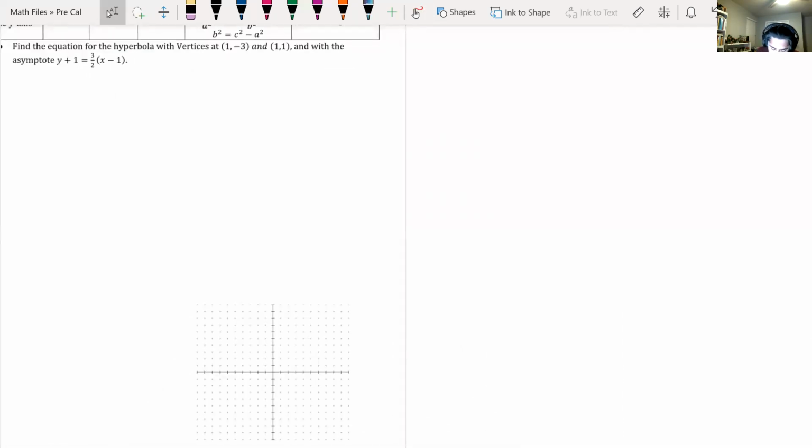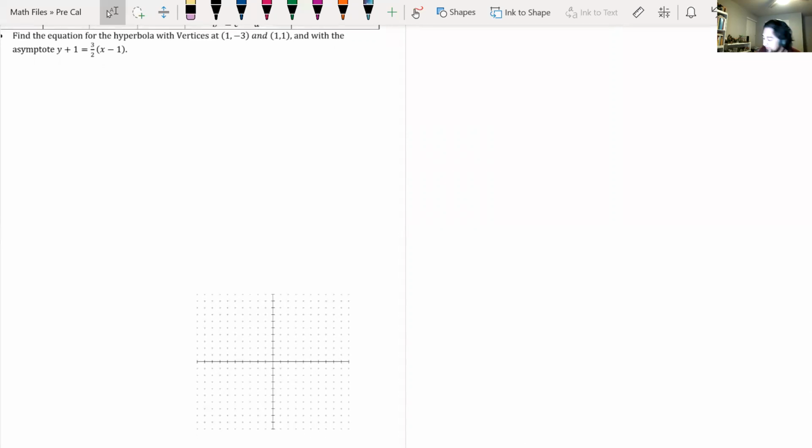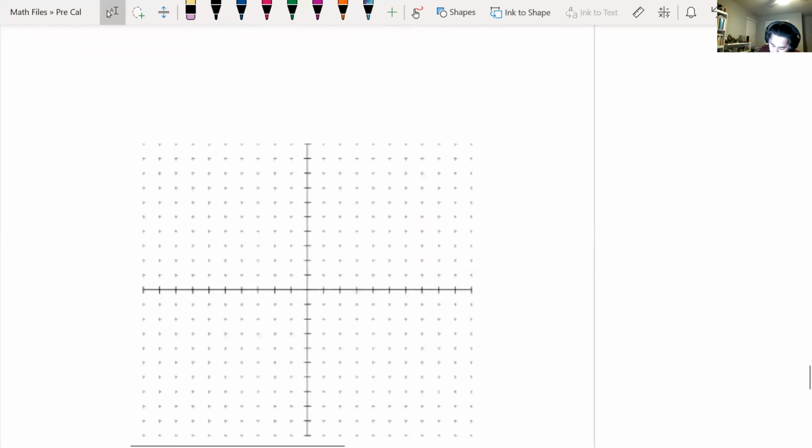But if it's parallel to the y-axis, wouldn't it be a over b? So why is it 3/2 then? That means you have to solve for b, right? Dang it! I was hoping it made it easy. Would you have to solve for it and set it equal? Exactly. You're gonna get something funky too.